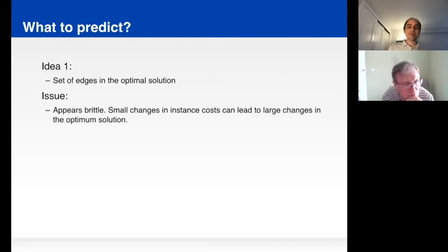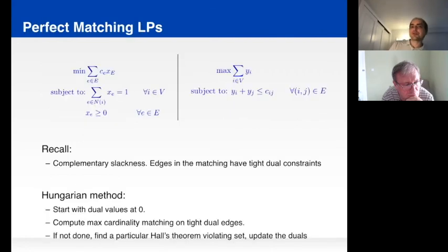And so instead, what we're going to do is turn to LP duality. This is something that's been used before in similar settings that are not quite the same. So we're going to look at duals. Here I'm looking again at perfect matchings. The perfect matching is on the left, the dual is on the right, right?